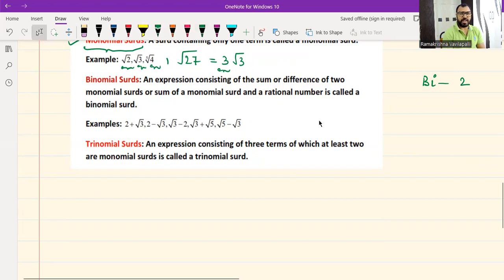You can find examples here: 2 plus root 3. So this is a rational, and this is a monomial surd.